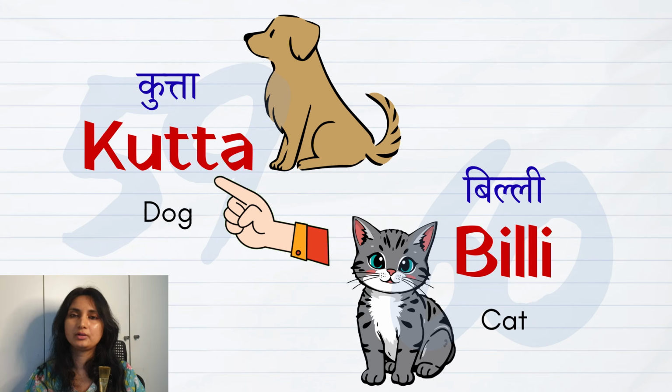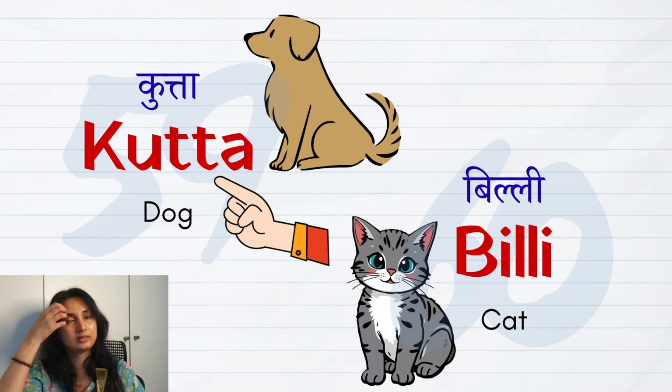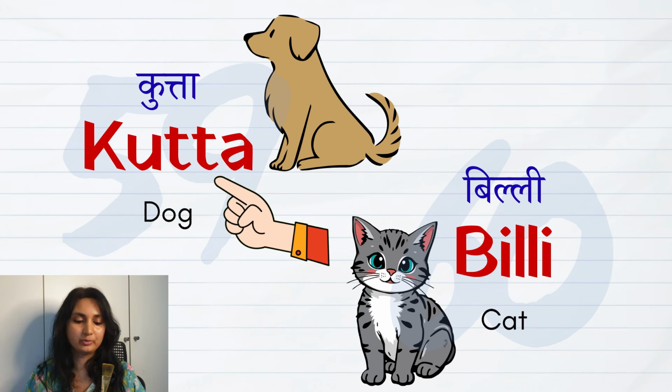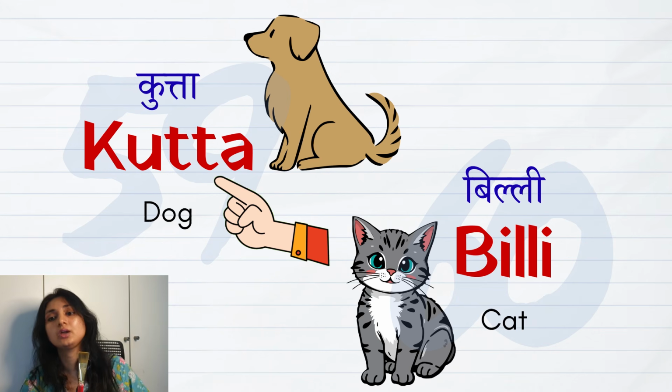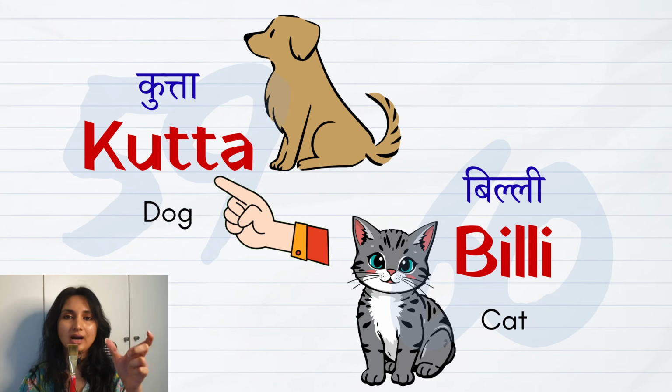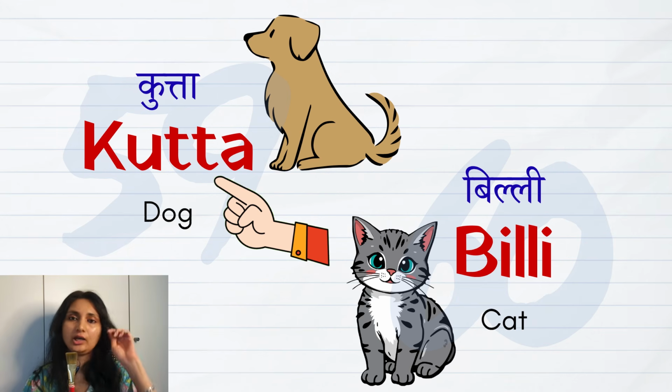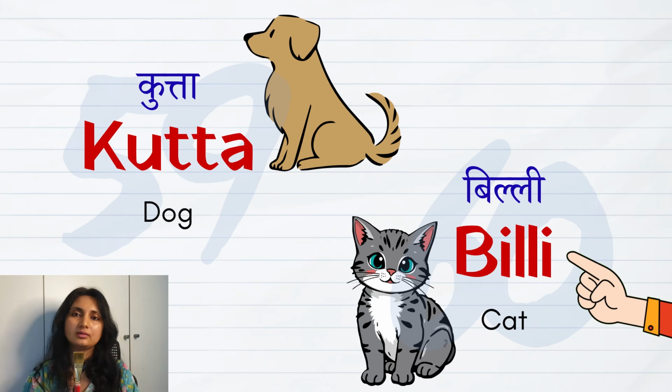For plural, you must have noticed this, in case you haven't seen the video which I've put on singular and plurals. If the word ends with a, generally the plural becomes e. So kutta and kutte. And then we have the word for cat, which is billi. And the plural is billiyan.